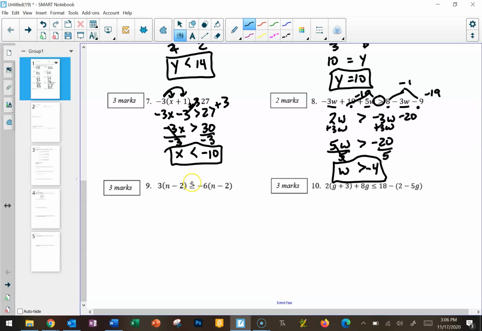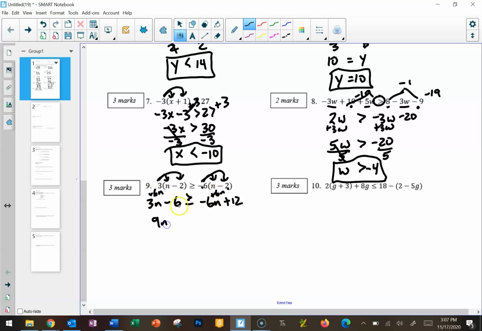All right, another inequality. This time it's greater than or equal to, and we've got to distribute a negative on both sides. So 3 times n is 3n. 3 times -2 is -6. -6 times n is -6n, and -6 times -2 is a positive 12. Now let's just keep simplifying. Let's add the 6n to both sides.